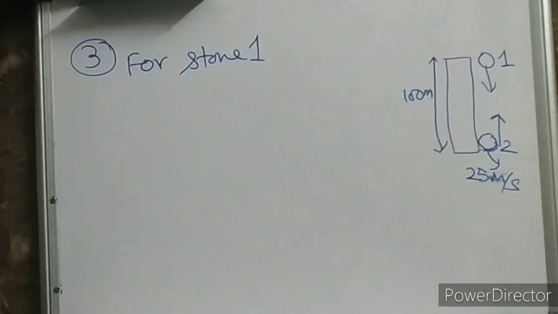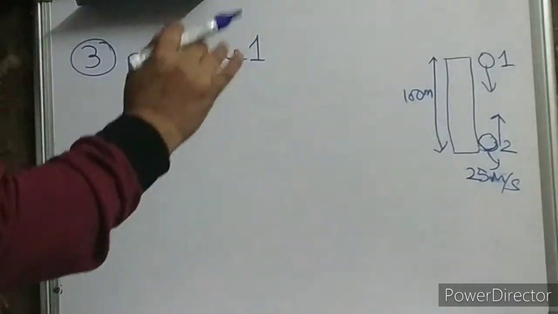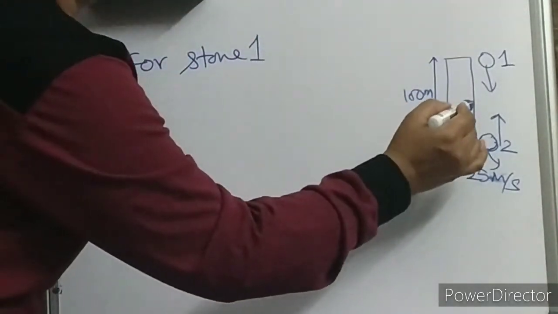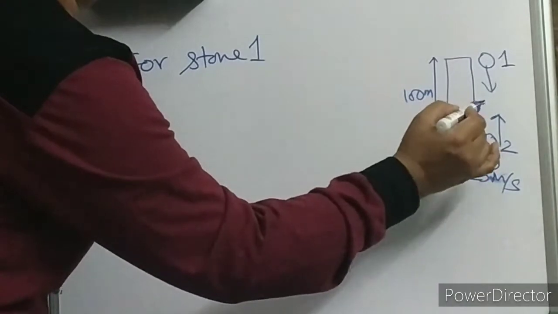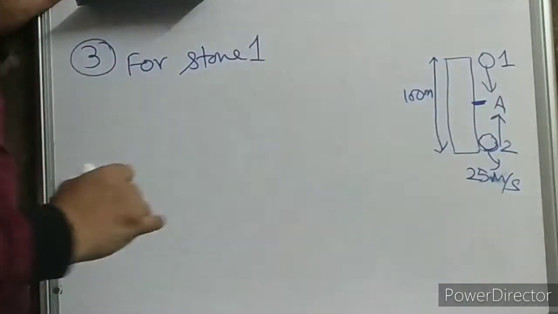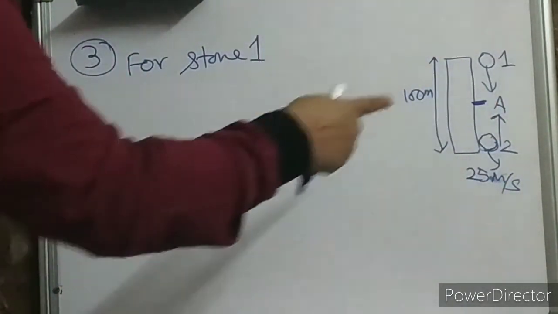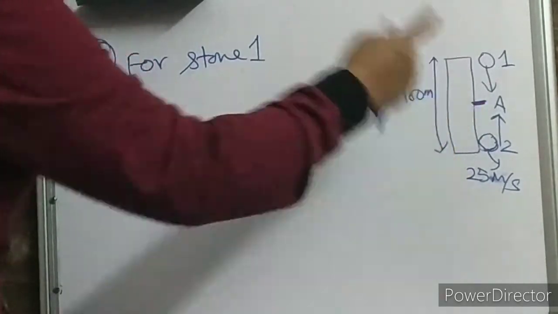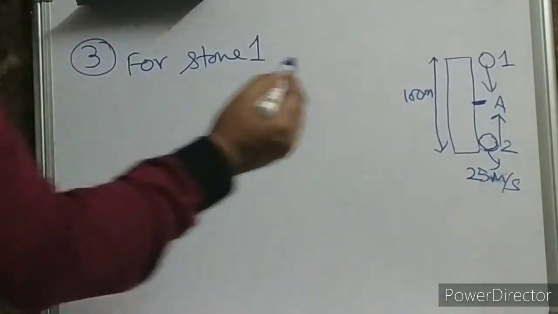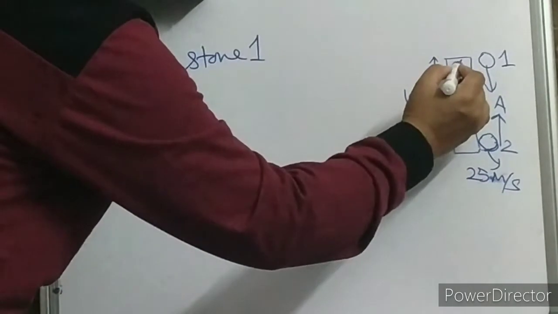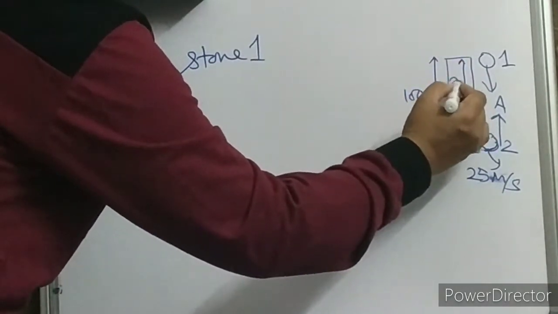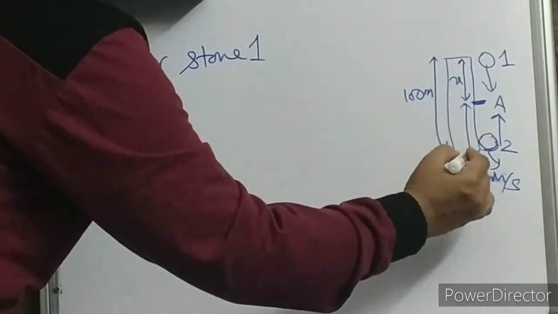For stone 1, tell me what is the height. Suppose it is reaching at this point. Take it as A here. Suppose both the stones meet at A. Let this height from the top be X. Then what is the height from the ground?